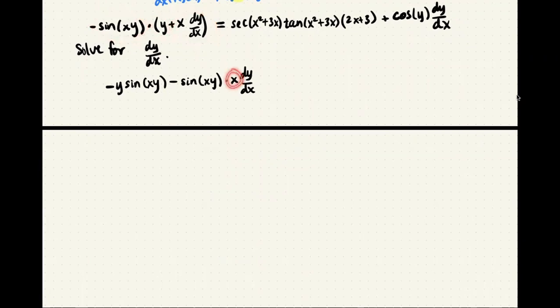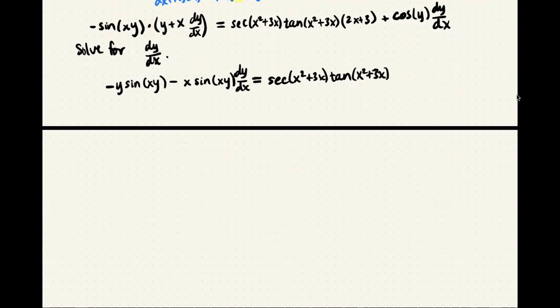And I don't really like having the x over here, so I'm going to go ahead and put that in front of the sine term here. You don't have to do that, but I prefer having that in that spot. And then over here, I don't really have much to change. I just have secant x squared plus 3x, tangent x squared plus 3x.